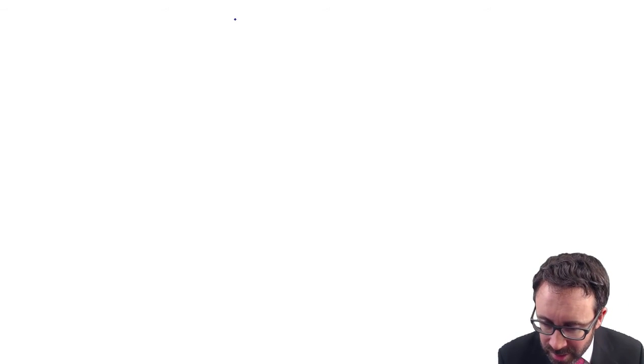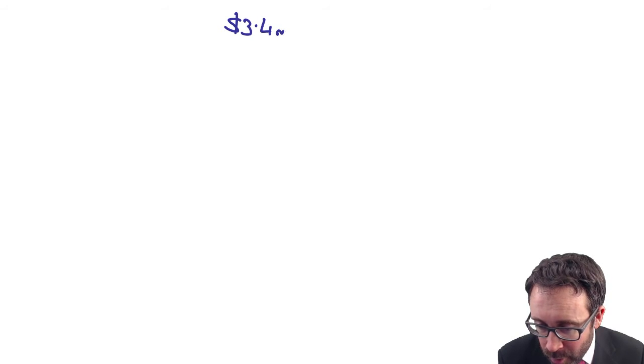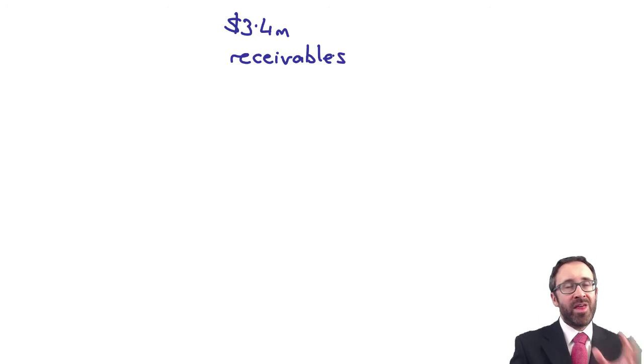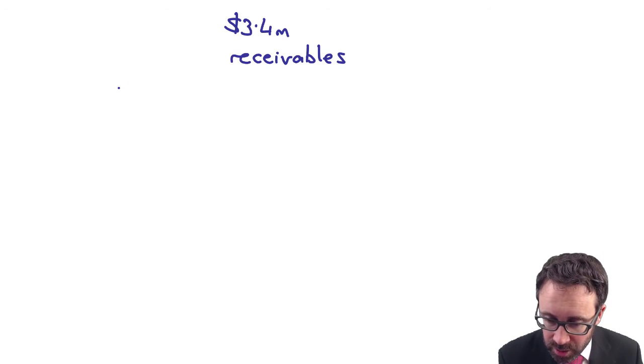So should we just go through and explain that in a little bit more detail, so you've got something to look at and to think about? We had $3.4 million worth of receivables. That was an error. That needs to be adjusted.